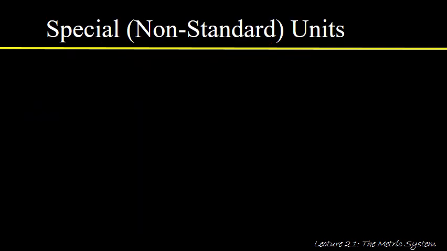All right, there are a couple of other non-standard units, and these are important. The first one is the angstrom, and the angstrom is a unit of length used for measuring or describing the sizes of atoms and molecules. The symbol for the angstrom is a capital A with a little circle on the top.